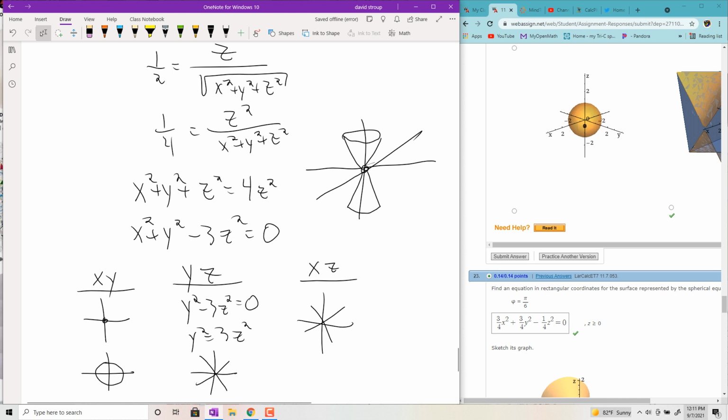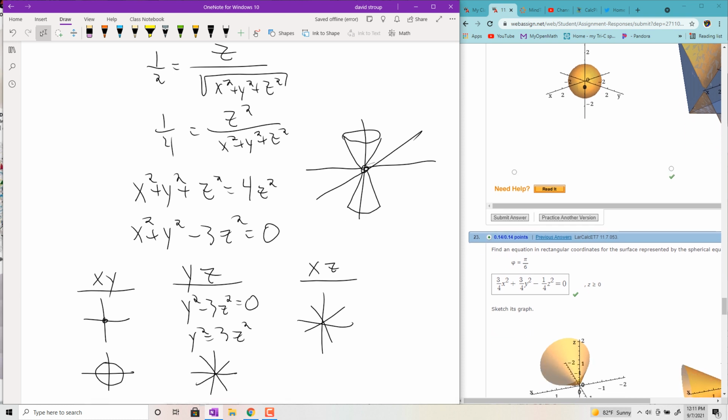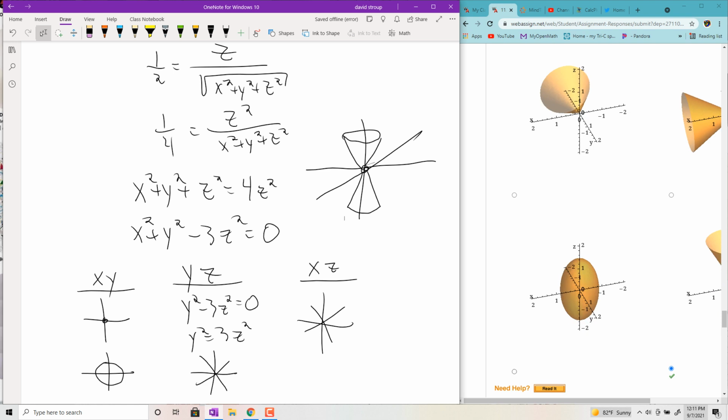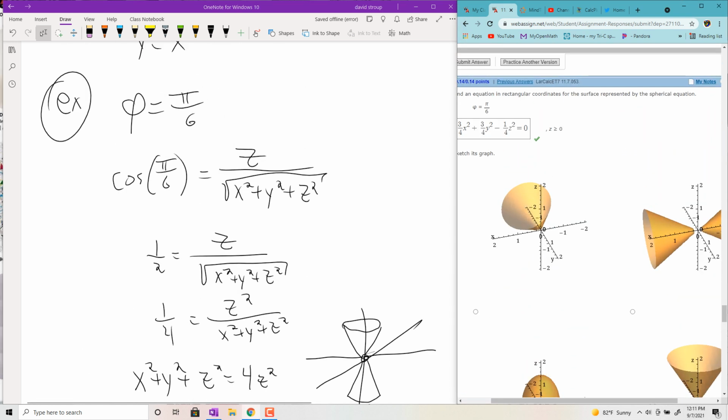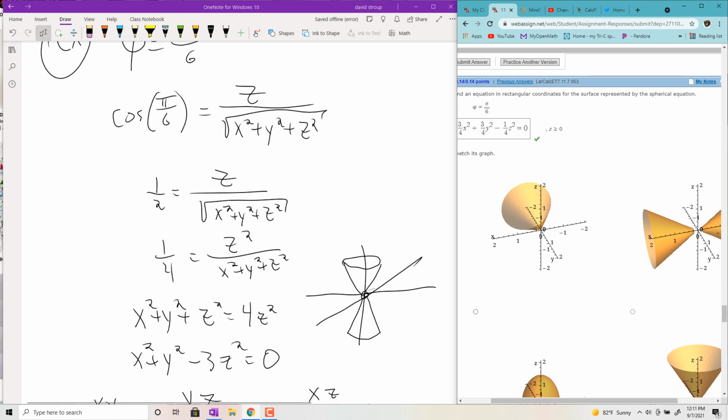That equation you could just multiply to get my equation, multiply through by 4/3. Okay, so it's not a double-headed cone. z is greater than or equal to 0. Okay, so that means it's just the top half of the cone.